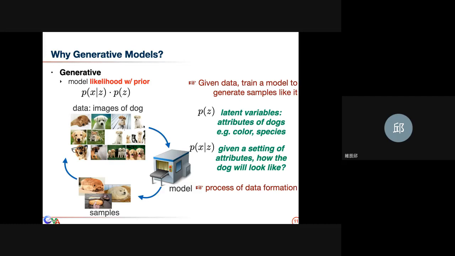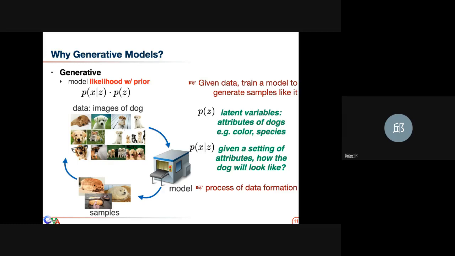Then you need to update your model, such that after the update, it can generate samples which are more similar to the given training data set.